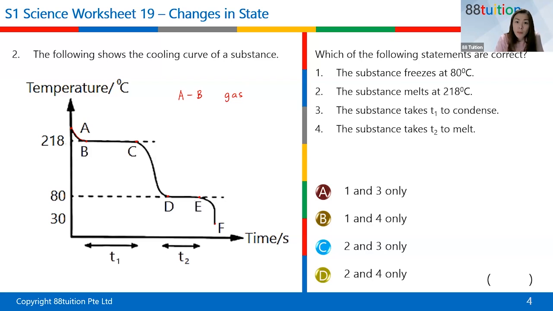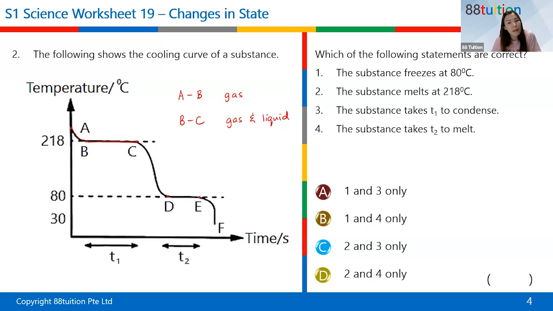From B to C is where you get the horizontal line. This is the part where you have gas and liquid existing together. Clear?